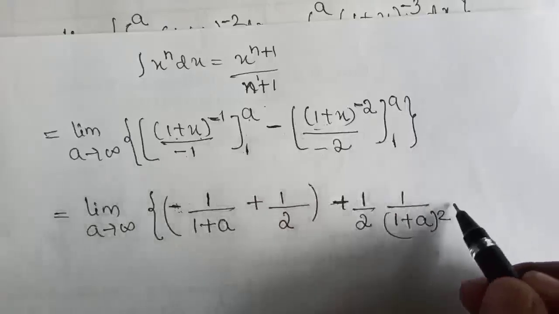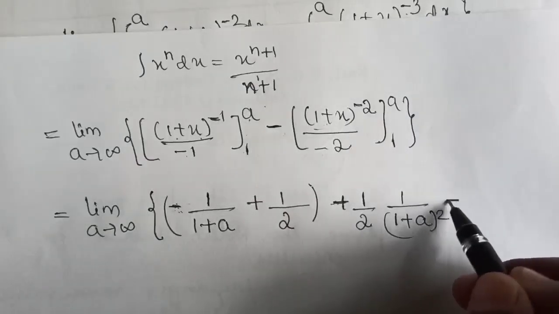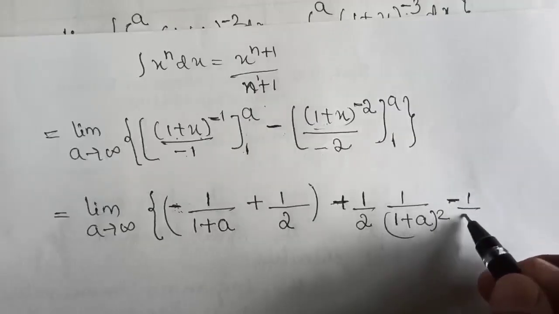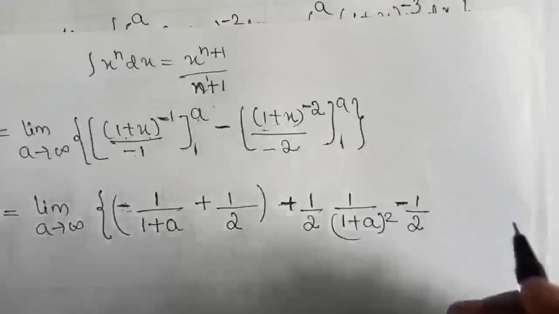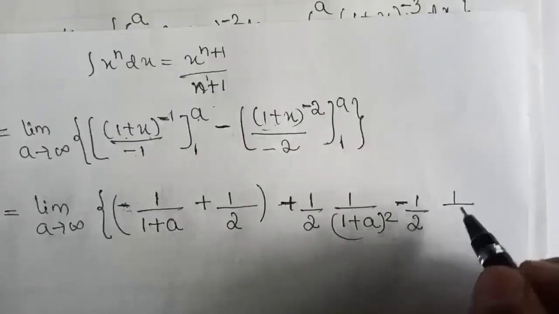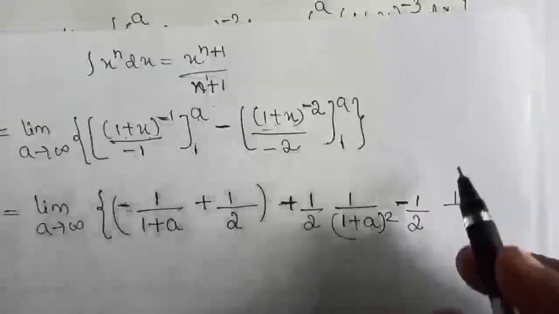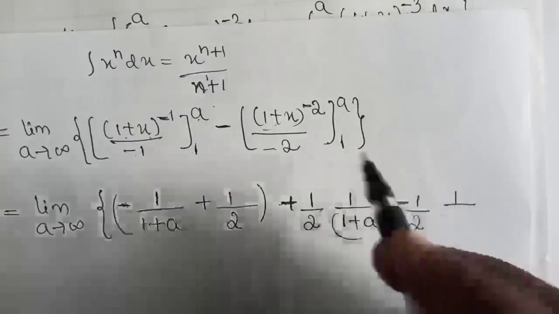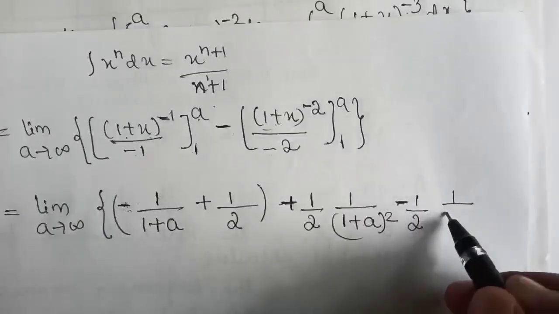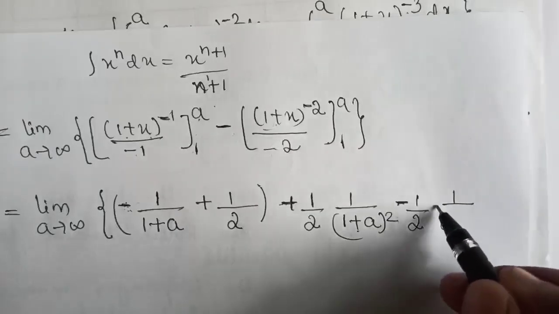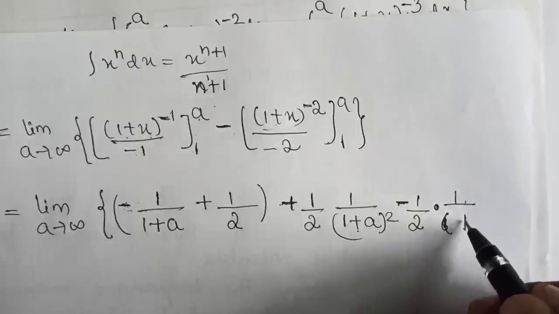Next, minus of the lower limit, we get minus 1 divided by 2 times 1 divided by the lower limit. In the place of x we substitute 1. 1 plus 1 is equal to 2, 2 whole square is equal to 4. Therefore we write 1 divided by 4.